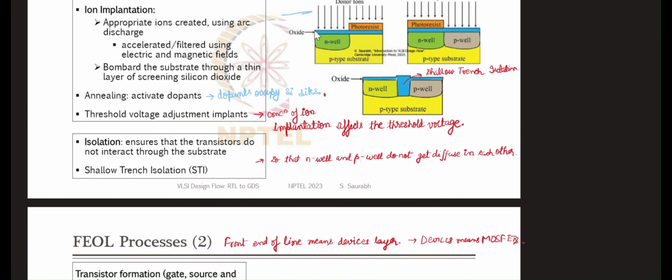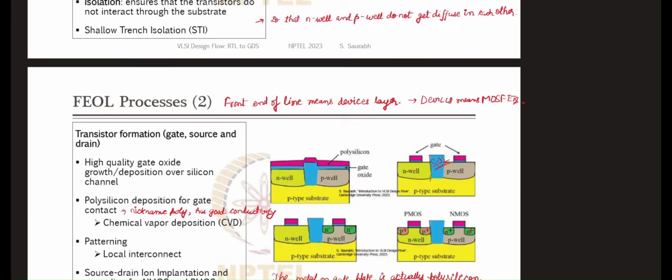This is an oxide layer, and the oxide layer is trenched, dug deep inside between these two wells, and they will not interact with each other. That is the idea. So this is definitely not a metal layer, right? This is an oxide, an insulator, which is trying to avoid the interaction between these two wells, N wells and P wells. This is the intended purpose.